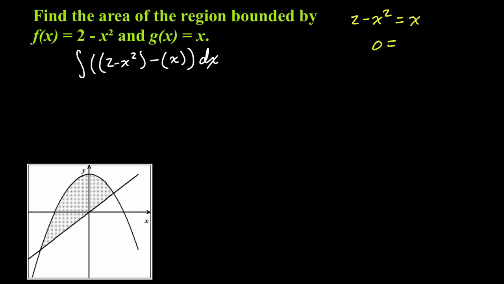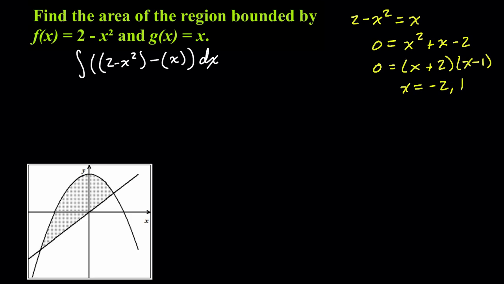It's quadratic, so we set it equal to 0, giving you x squared plus x minus 2, and that's x plus 2 times x minus 1. So x is equal to -2 and positive 1.